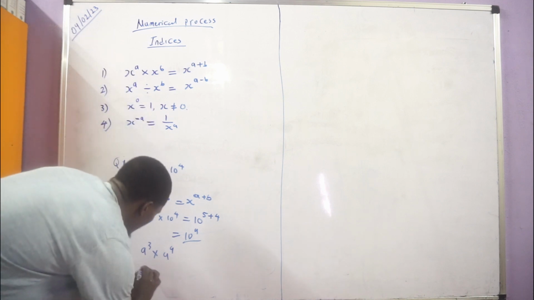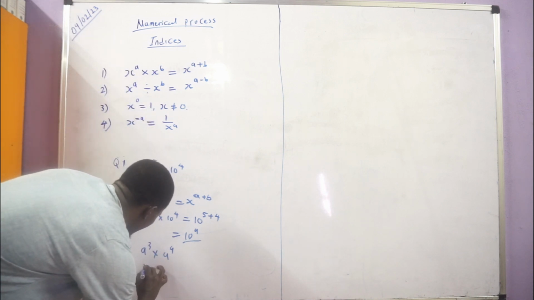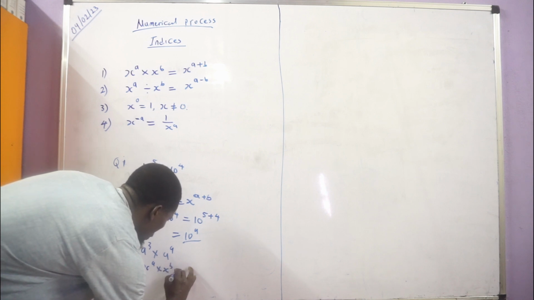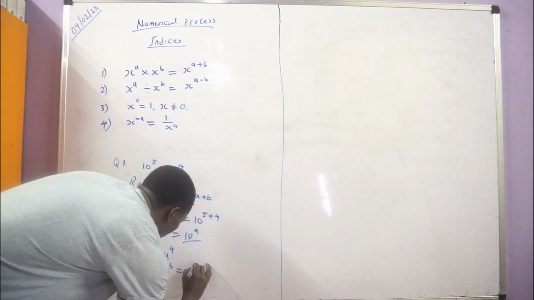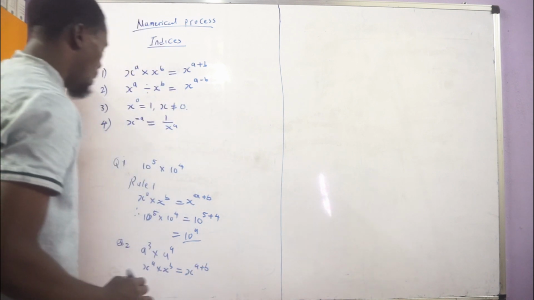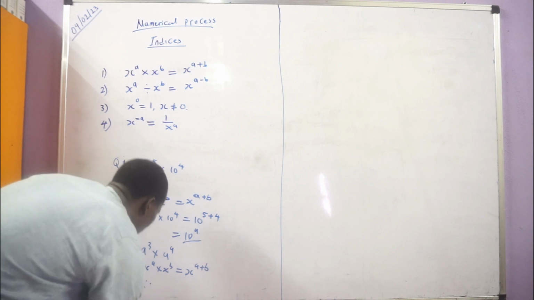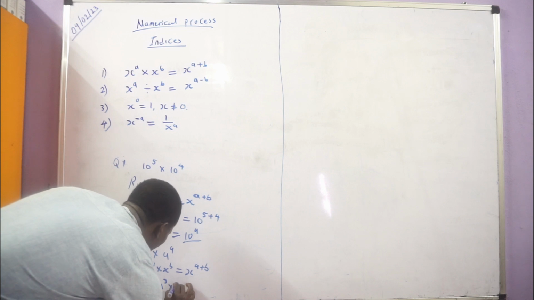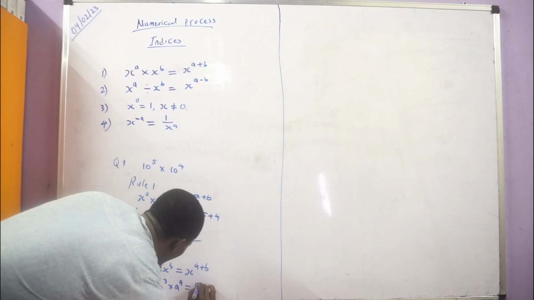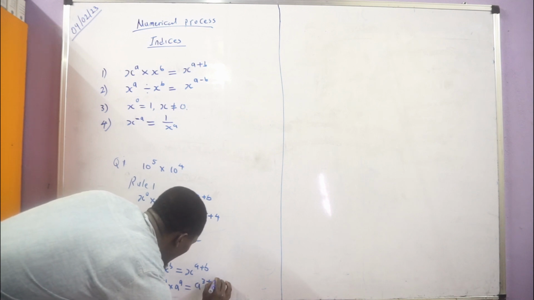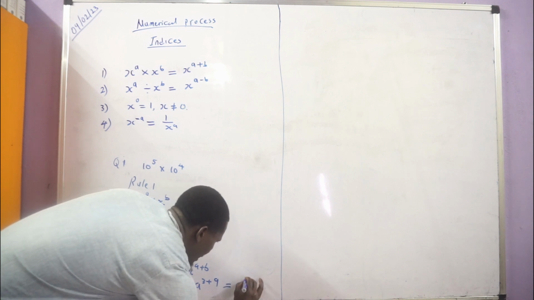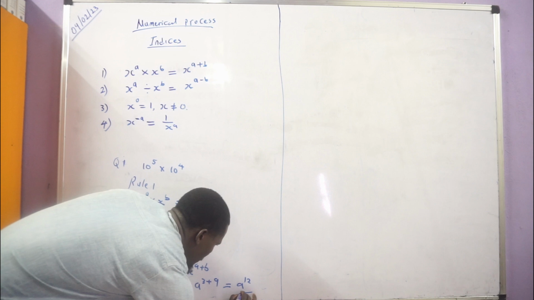Using the first rule, which says x raised to power a multiplied by x raised to power b is equal to x raised to power a plus b, I'm going to have a raised to power 3 multiplied by a raised to power 9 giving me a raised to power 3 plus 9, which is also going to give me a raised to power 12.